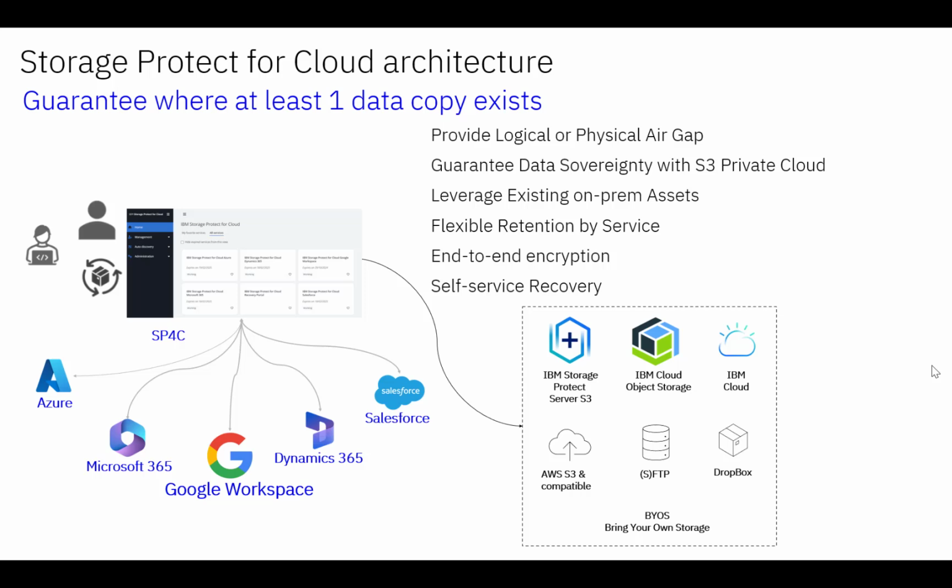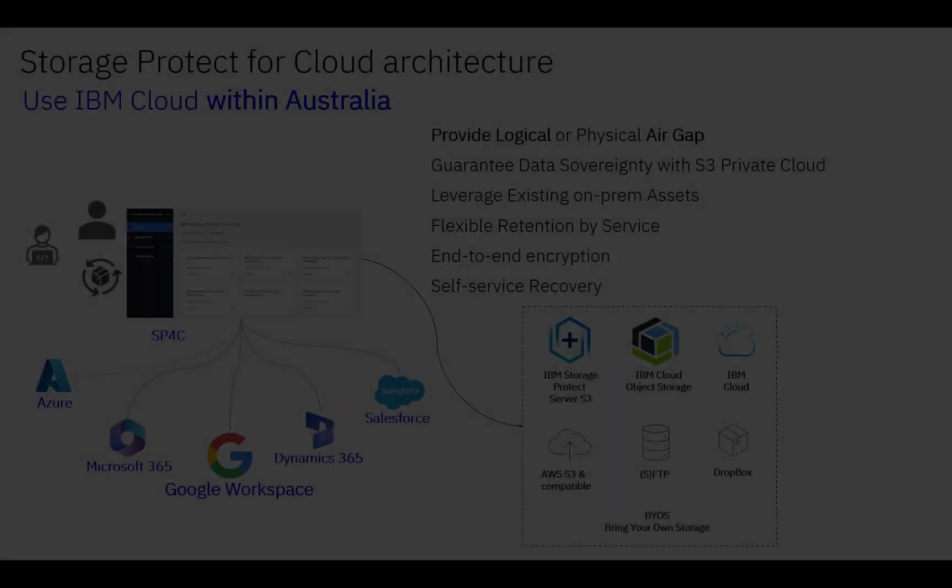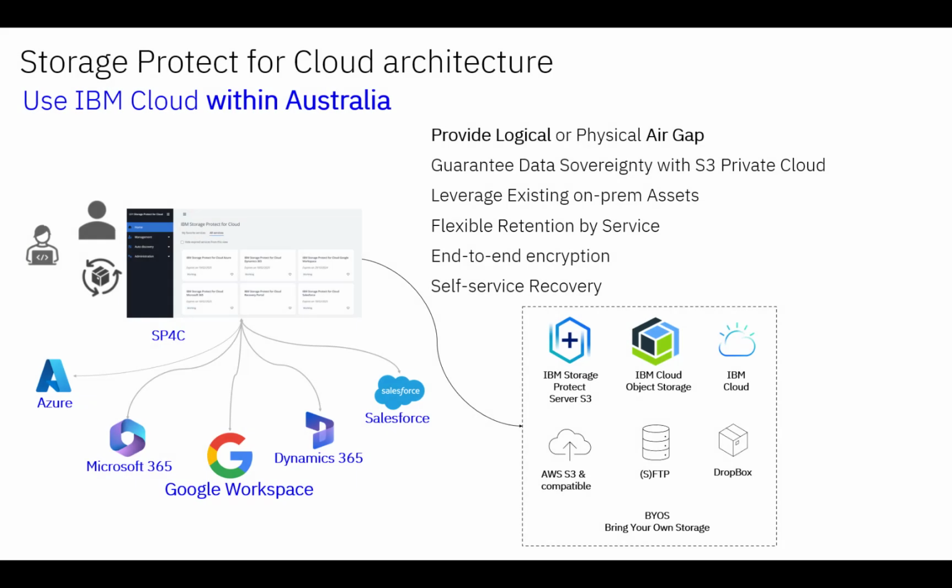You can be flexible with retention. And of course, we're still offering end-to-end encryption and self-service recovery. So we can offer the same flexibility, and you can consider this solution for the same reasons you can consider the unlimited storage option. Only now we can guarantee your data sovereignty, because you will know and we will know where your data will exist.